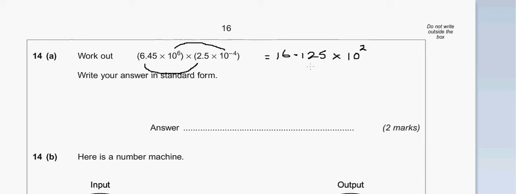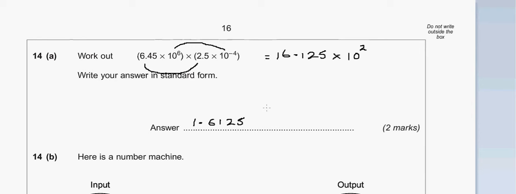Now, this is good enough for 1 mark, but standard form says we can only have 1 digit. So this number needs to go back 1, so that we get 1.6125.